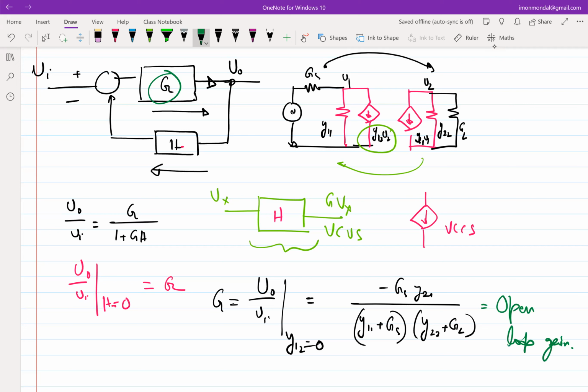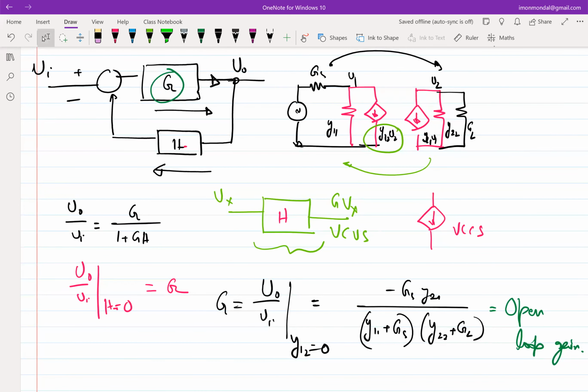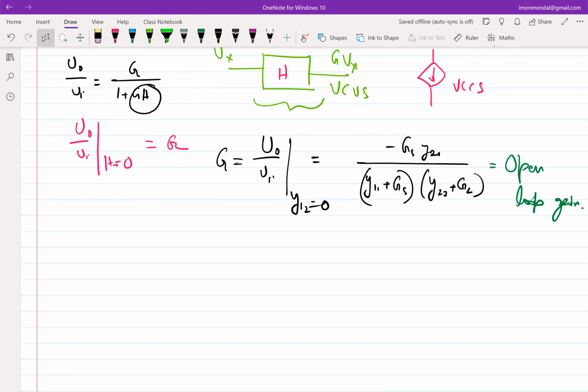Okay. So why am I doing all these things? I'm doing all these things because of this reason. Now let's assume, okay, let's extract all the parameters, then we will do the analysis. So if this is G, what is GH? What is this GH term?